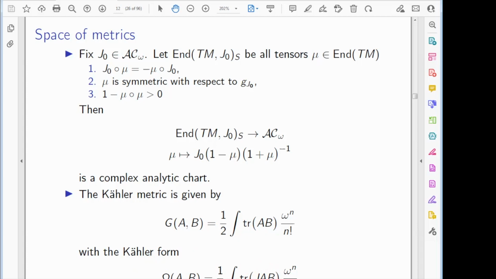And then you can prove that the Kähler form is closed. And so it's actually even more, it's formally a symmetric metric. So you can work out the Levi-Civita connection and the curvature. It's actually not that hard. And you basically get the curvature has the same formula as a symmetric space.